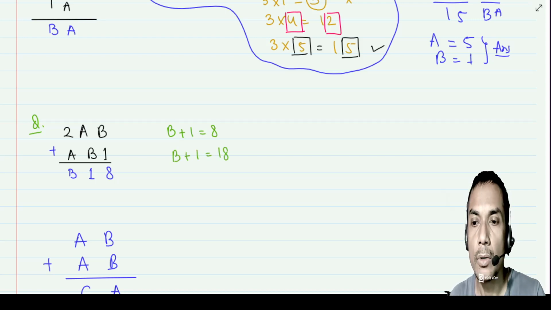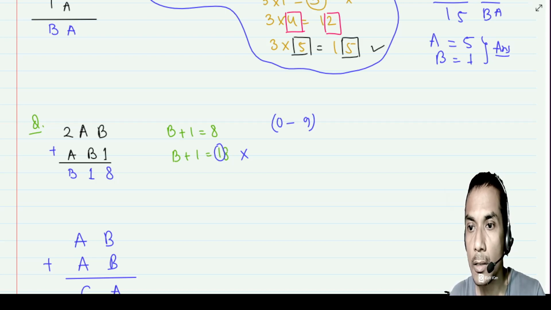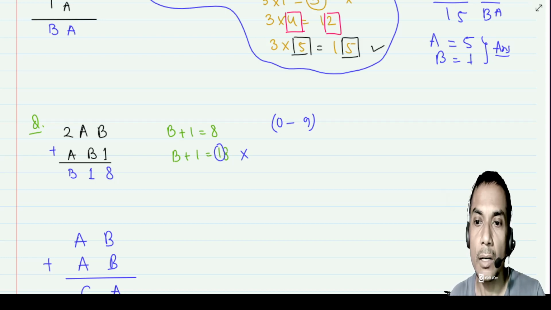Already I told you that carry forward is every time 1, so we can consider 18 also. But why is it not possible? It is not possible because B would be 17, but all digits are from 0 to 9, so it exceeds the number. So B cannot be 17. So the only possibility is the first relation.